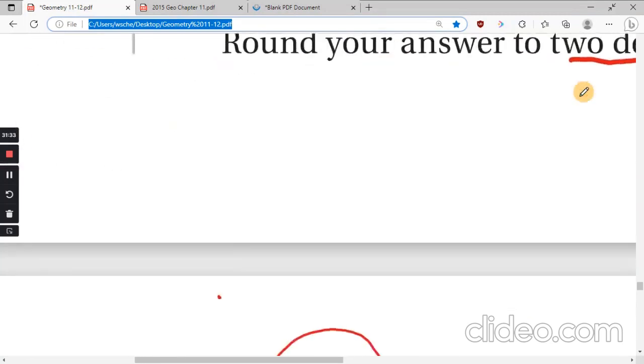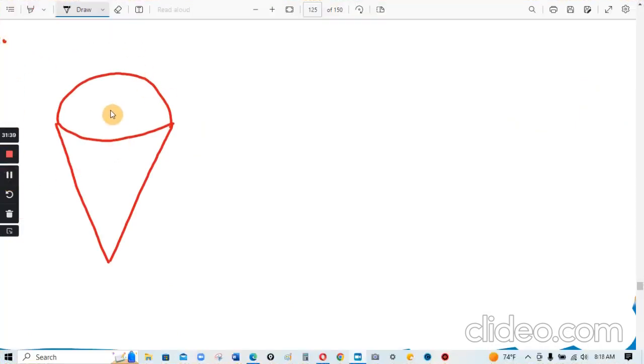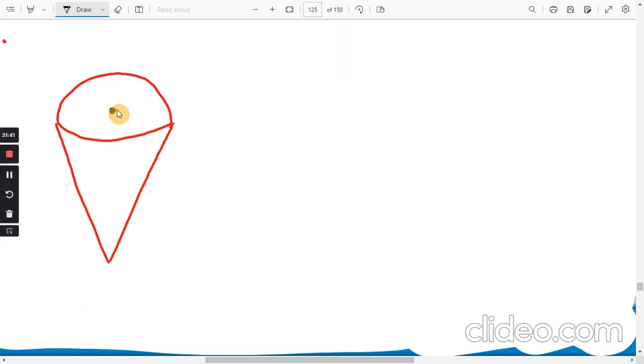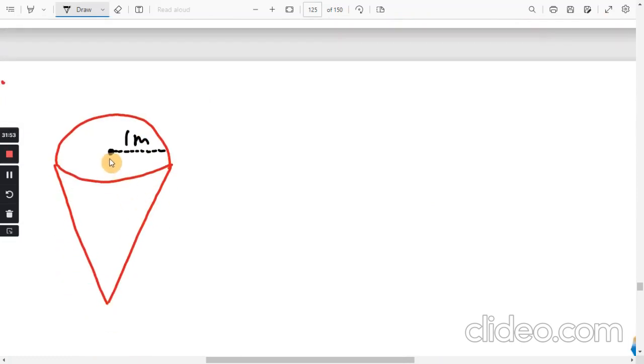I'll draw that in a different color. The radius would basically start here and go to the hemisphere. So that's 1 meter. And it said the height is 5 meters. So the height right here is 5 meters.